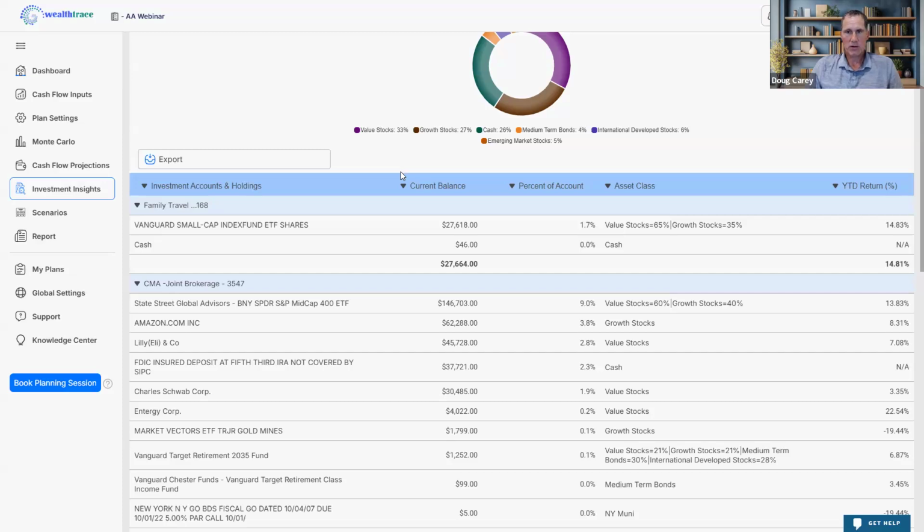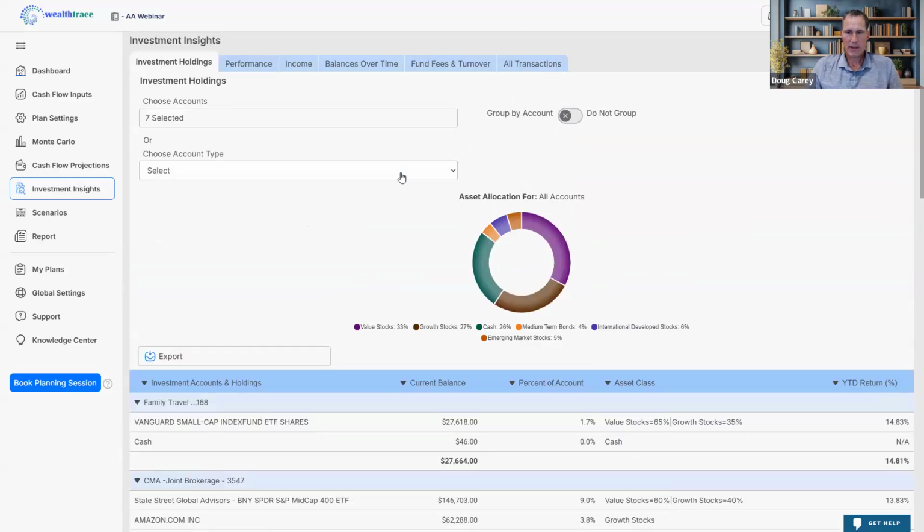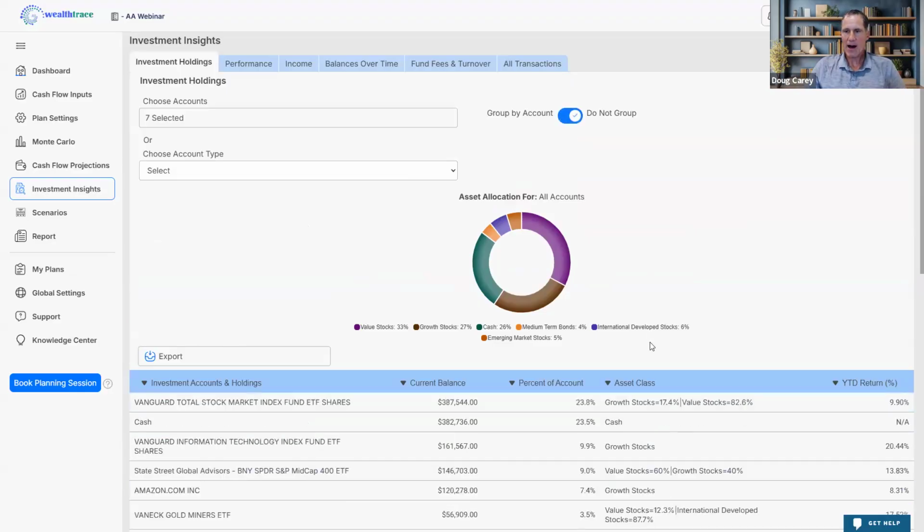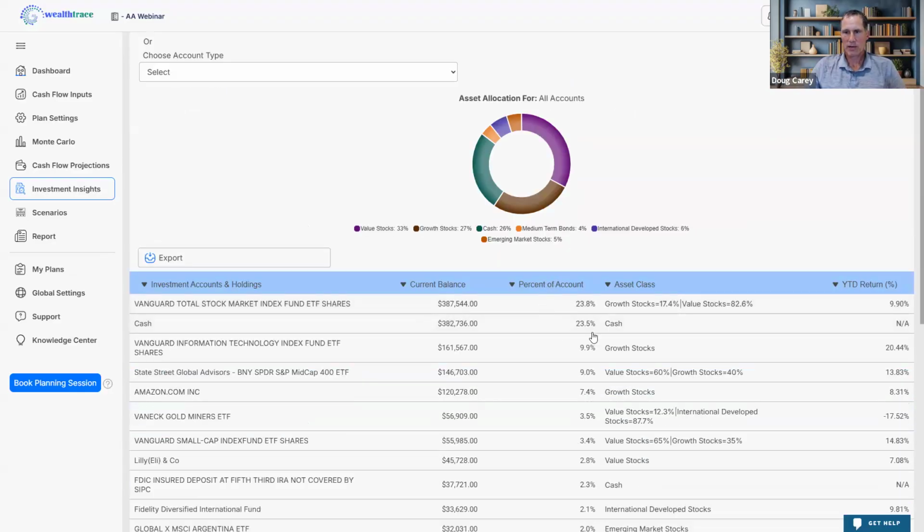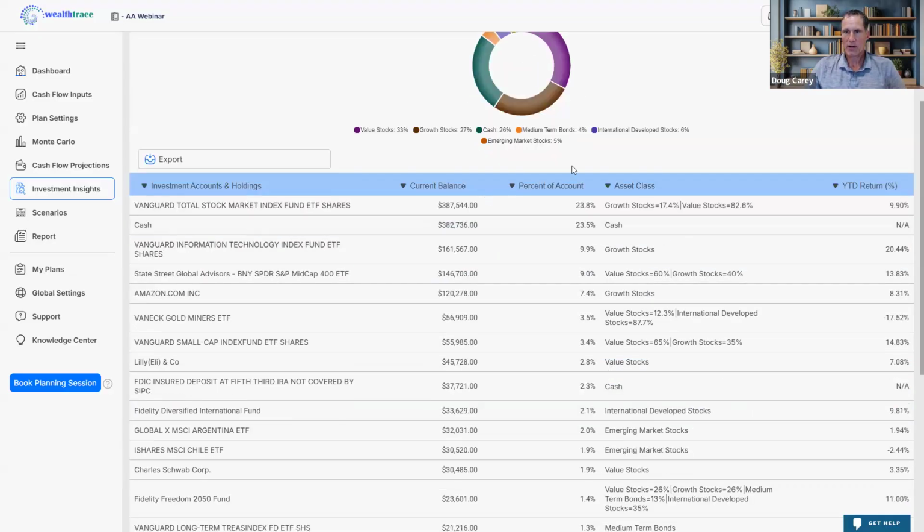We could also do something really neat in here, which is turn off the grouping by accounts and just view everything as one big portfolio. Now we can sort by the percent of the portfolio to see our most concentrated holdings. In this example, the Vanguard Total Stock Market Index Fund is 24% of the entire portfolio. That's a lot, but that's a lot of stocks inside that ETF, so that's not atypical.